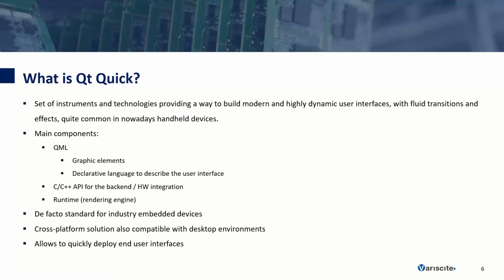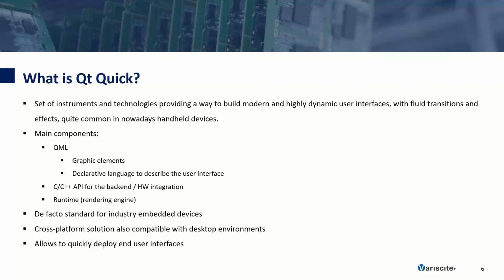Nowadays, this is a de facto standard in the embedded world, and mainly this is a cross-platform solution. When I say cross-platform, I mean that a developer is not supposed to know the hardware it is working on. Specifically for the graphical aspect, you don't need to deal with the backend. You may use the frame buffer, X11, Wayland, Android, Windows, it doesn't matter.